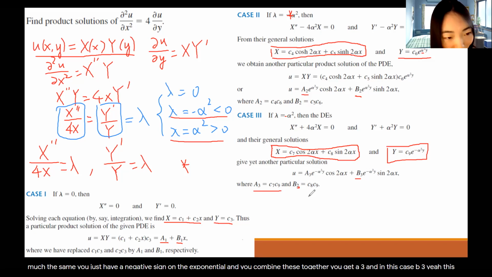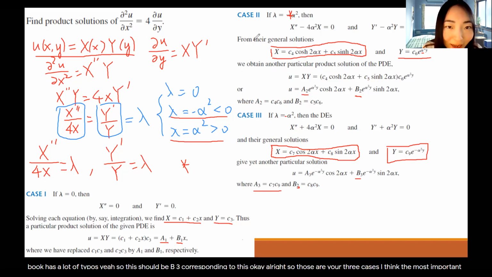All right, so those are your three cases. The most important thing to remember is that you assume your solution is a product of purely a function of x and purely a function of y.